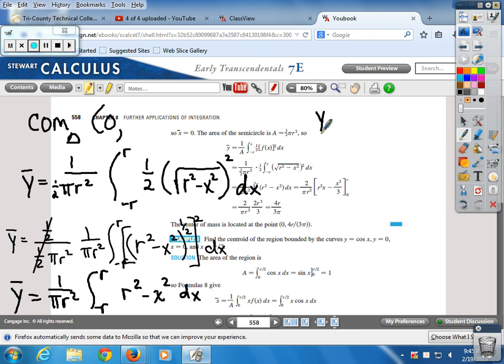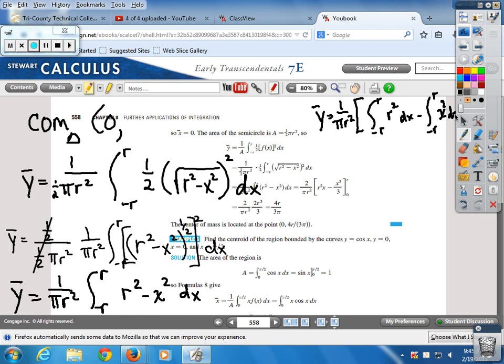Y bar is equal to 1 over pi r squared, antiderivative bracket, antiderivative from negative r to r of r squared dx minus antiderivative from negative r to r of x squared dx.